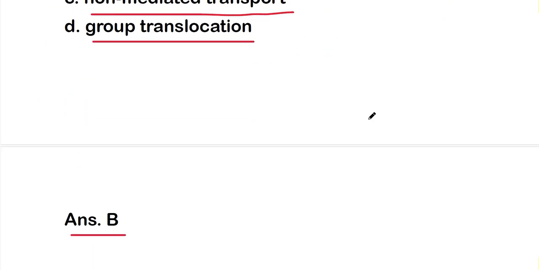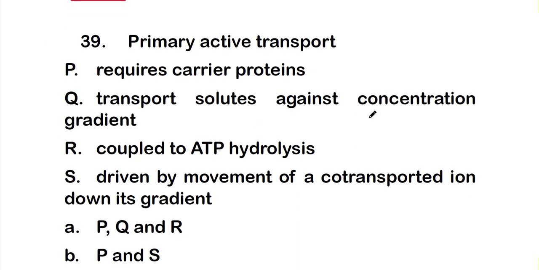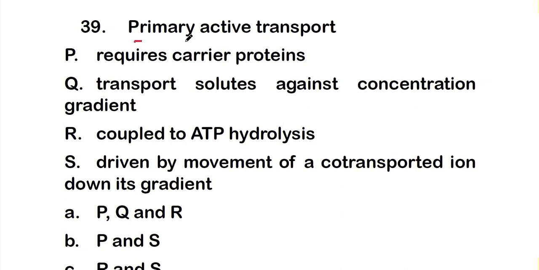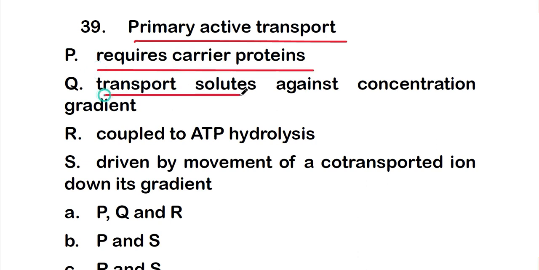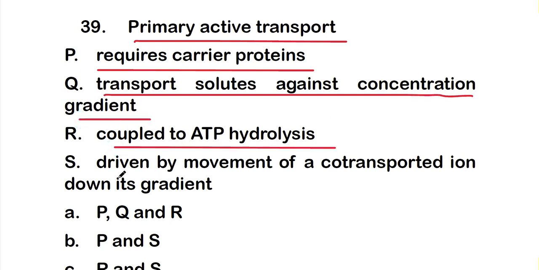Okay, so next is question number 39, that is primary active transport. Statement P, requires carrier proteins. Statement Q, transports solutes against concentration gradient and coupled to ATP hydrolysis. Or statement R, that is driven by movement of a co-transported ion down its gradient.